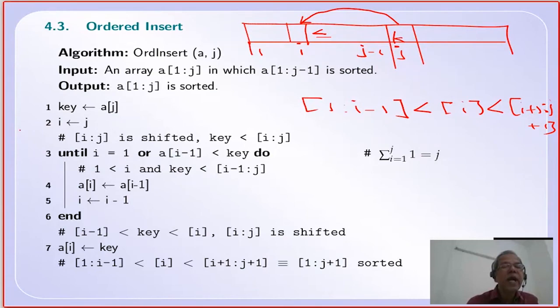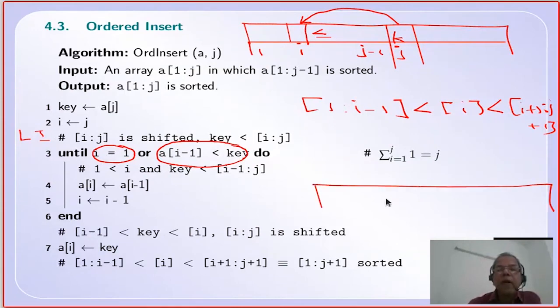This is the loop invariant. i to j is shifted. Look at that. This is also a compound condition. i is equal to 1 is one condition, or A at i minus 1 is another condition.